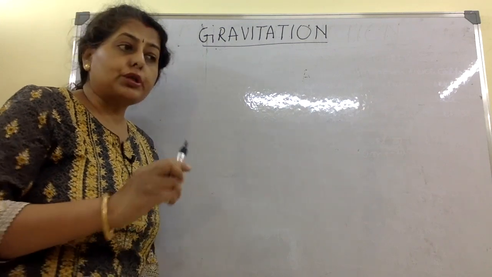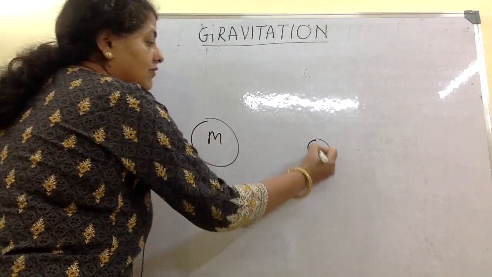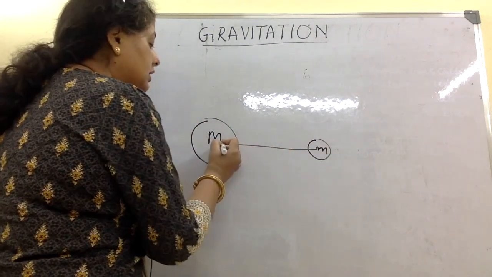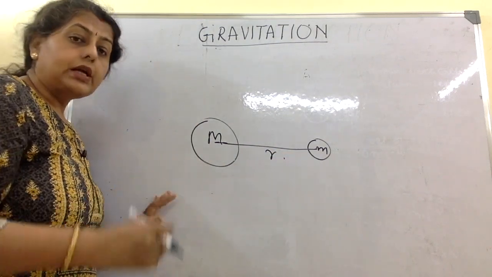Now if I have a body here of mass M and a smaller body here of mass m, there is a distance between the centers of these two bodies, which is r, or sometimes we also call it d.